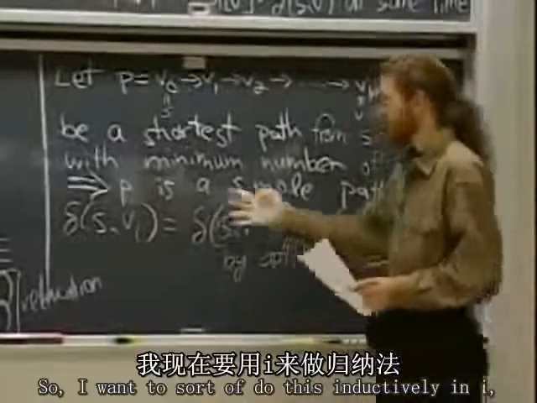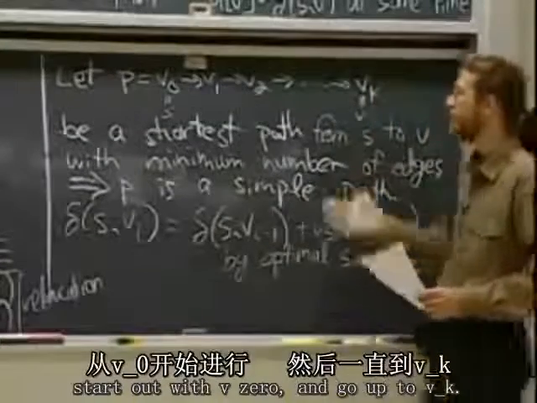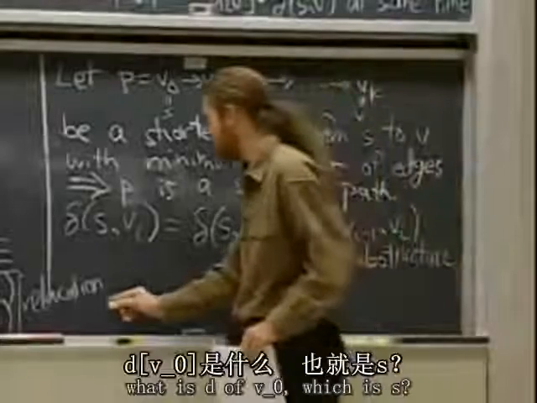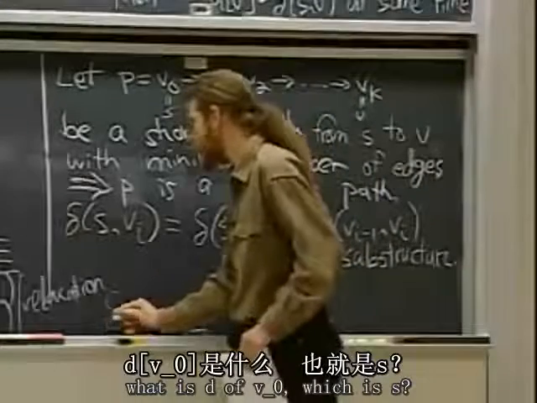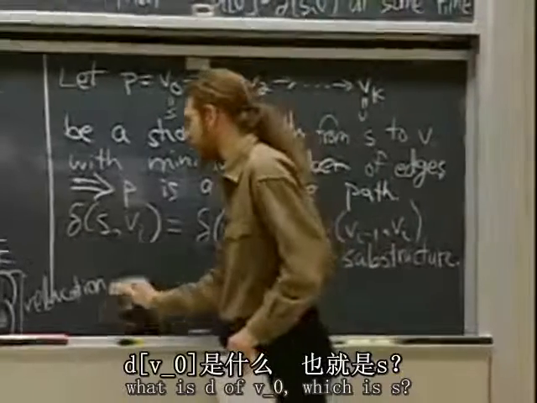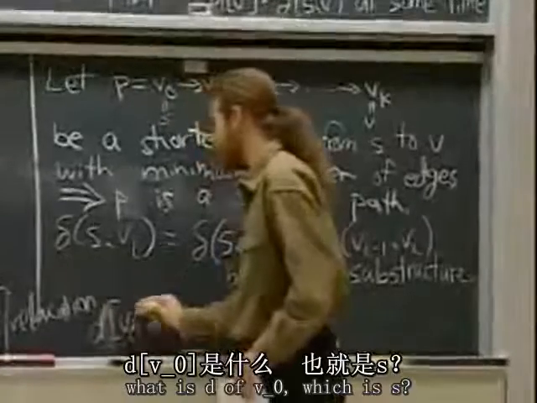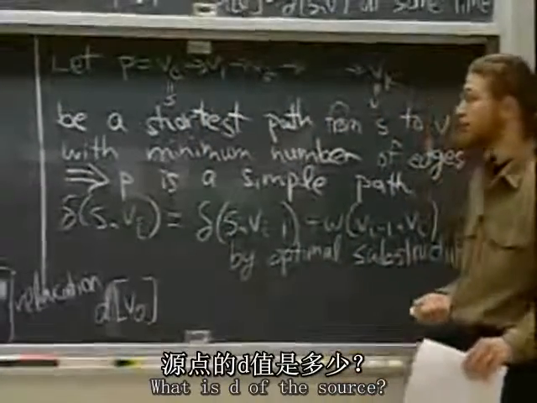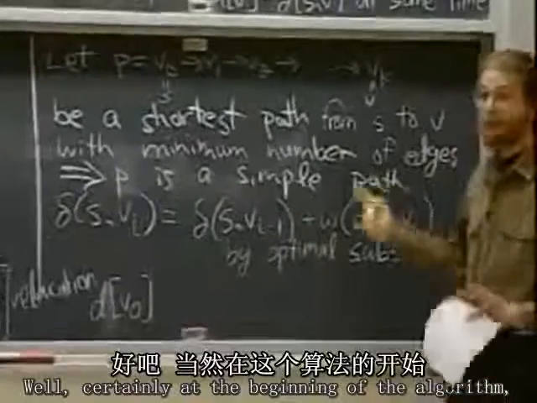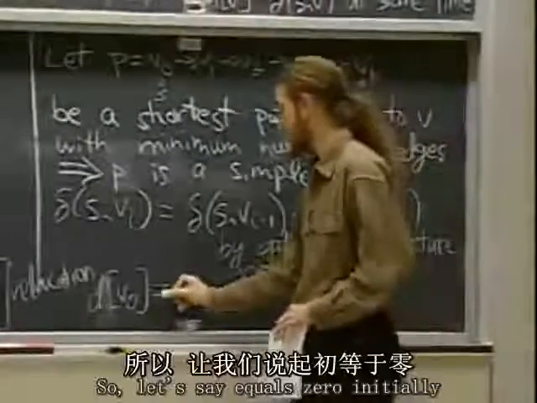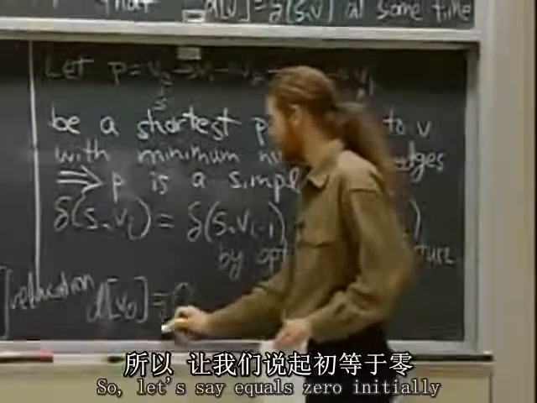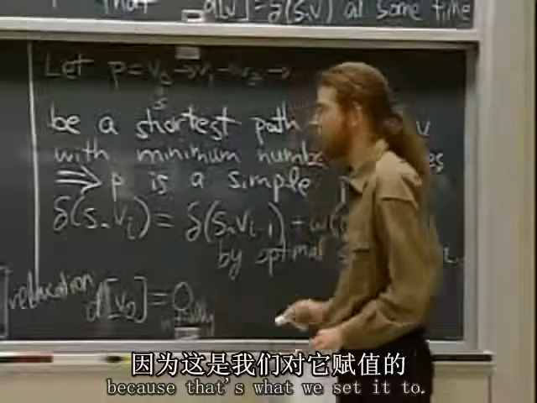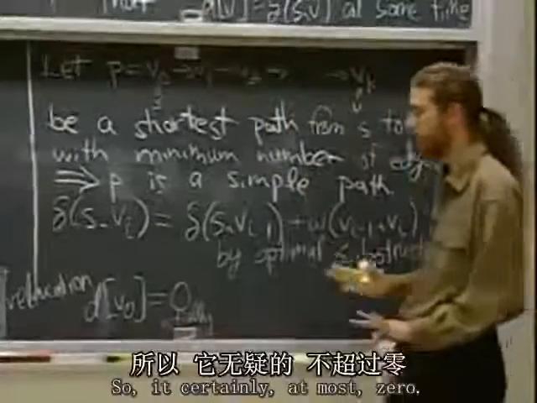So I want to do this inductively in i, starting out with v0 and going up to vk. The first question is, what is d of v0, which is s? What is d of the source? Well, certainly at the beginning of the algorithm it's 0, because that's what we set it to, and it only goes down from there, so certainly at most 0.